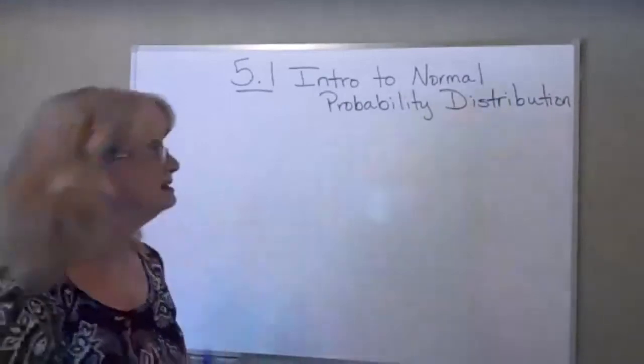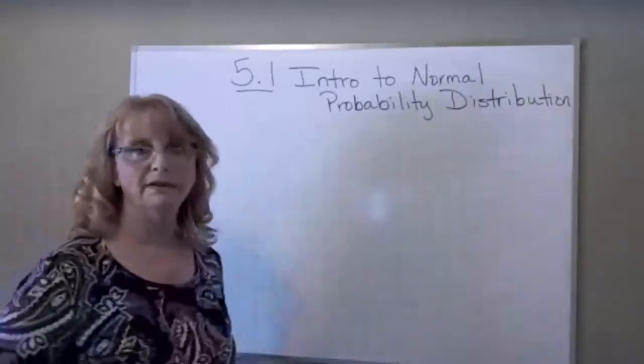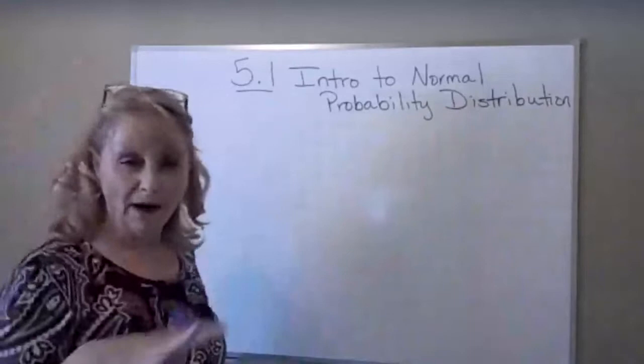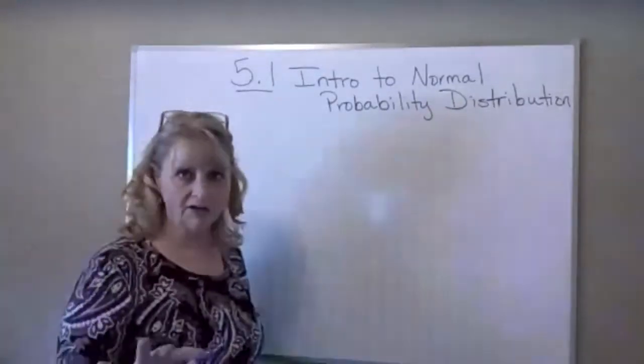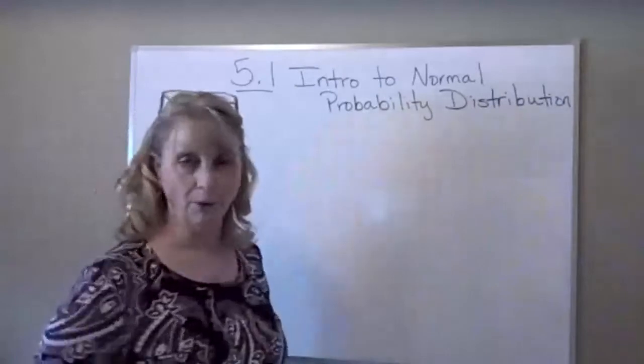So 5.1 is all about the normal probability distribution. And by the way, on those radical problems in the Chapter 5 skills review, like I said, if you're stuck on that, it's not going to affect 5.1 at all.